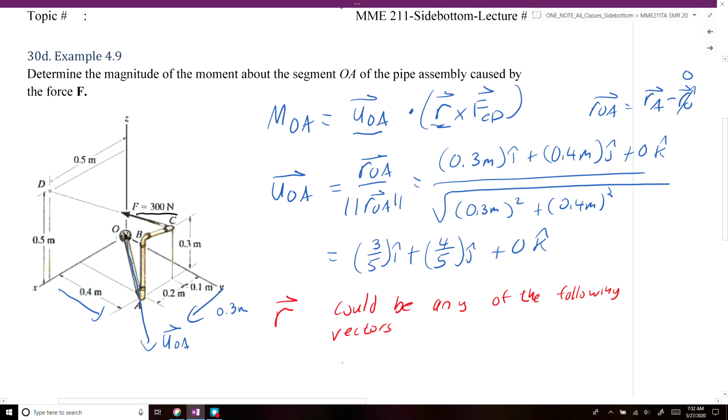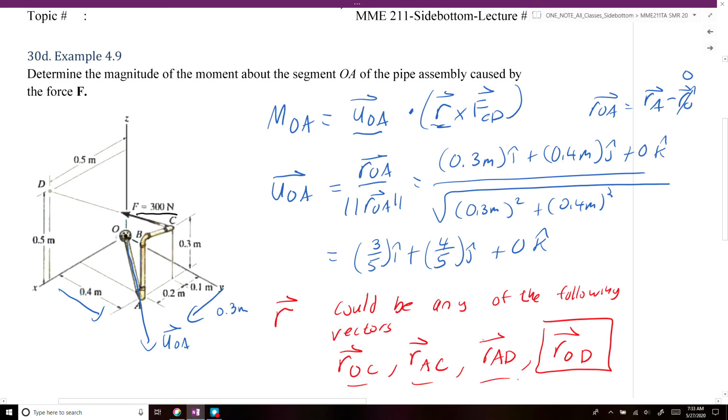It could be from R_O to point C, it could be from R_A to point C, it could be from R_A to point D, or it could be from R_O to point D. They'd all give you the same exact answer.